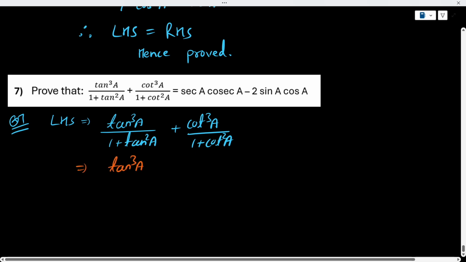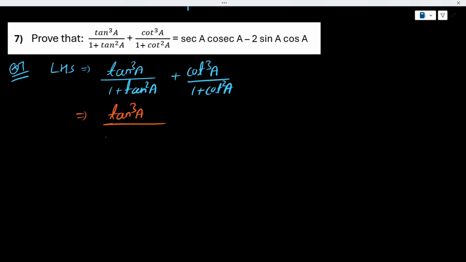It is tan cube A by 1 plus tan square theta, which is sec square theta. So I can write sec square A plus cot cube A by 1 plus cot square theta, which is cosec square A, right? So which two identities did we use here? 1 plus tan square theta is sec square theta, and 1 plus cot square theta is cosec square theta.